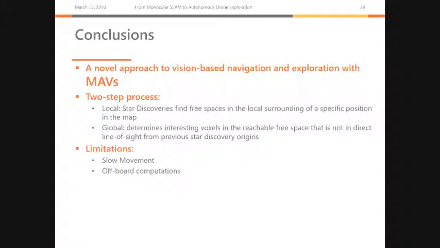There are two limitations in this work. One is that the quality of their exploration depends tightly on the quality of tracking. If they do fast movement, they will probably lose track of the features, so they have to do very slow movement during the exploration. Also, they do all of their computation on an off-board computer.